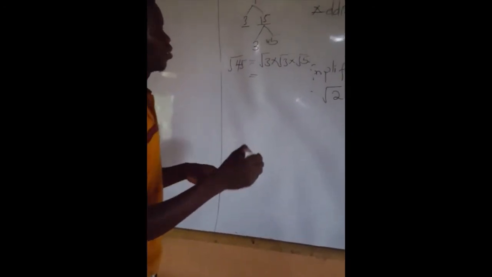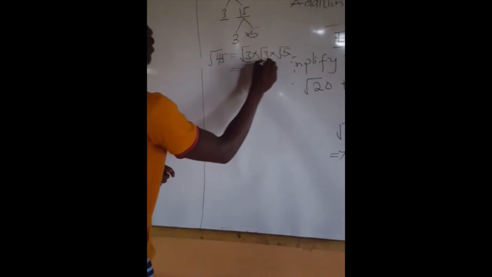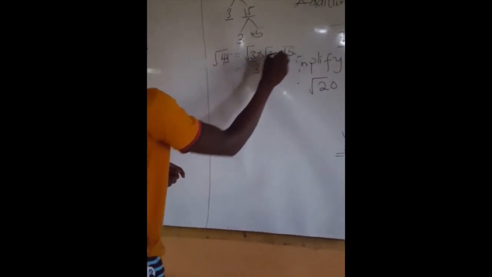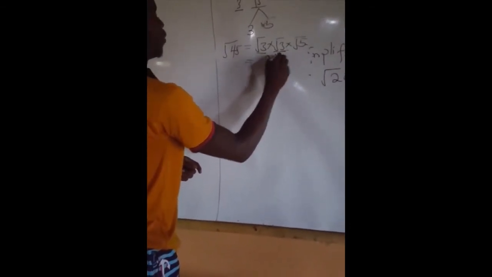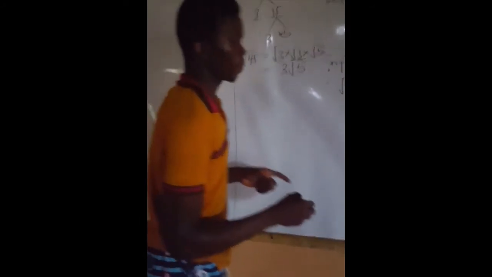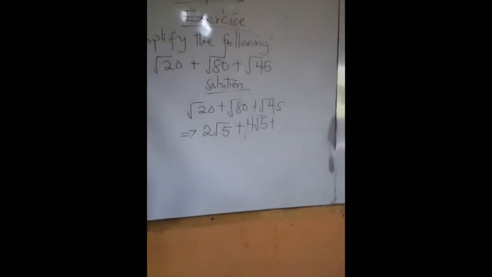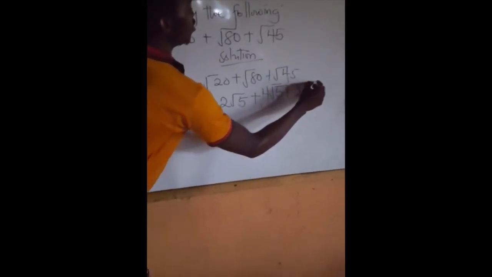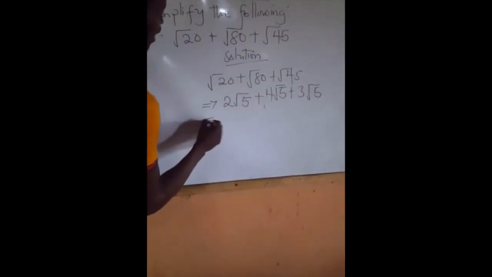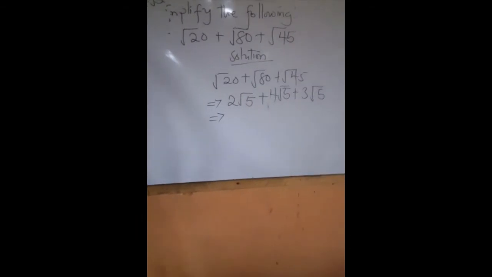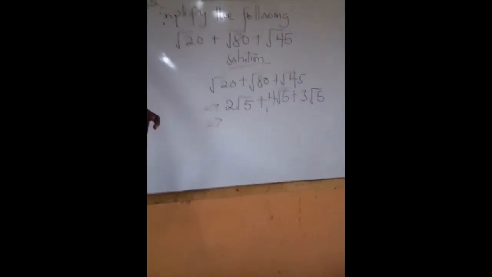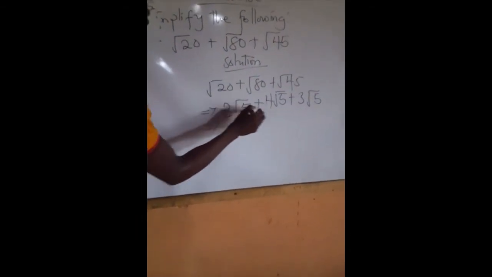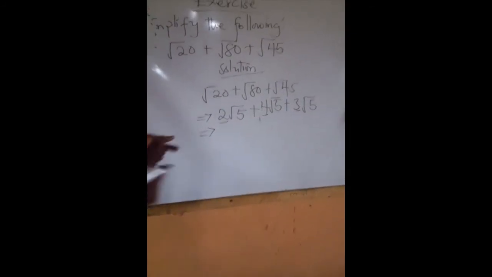Now by the first law, our root 3 times root 3 is going to give us 3. Then you get root 5. So this also means when root 45 is broken down, we are going to get 3 root 5. Now they are in their simplest form, so we can add. How do we add? We add the numbers outside the square root, then we pick one of the square roots.